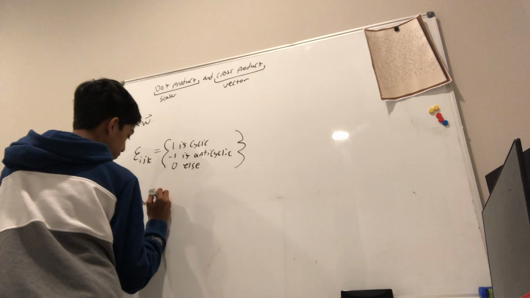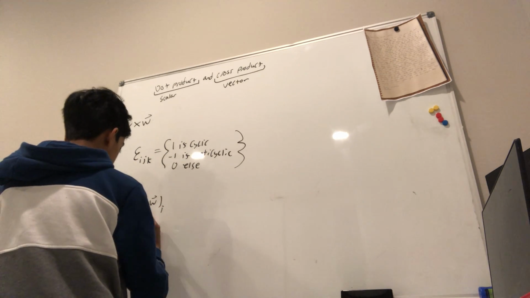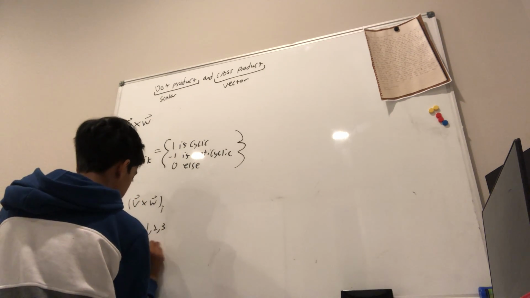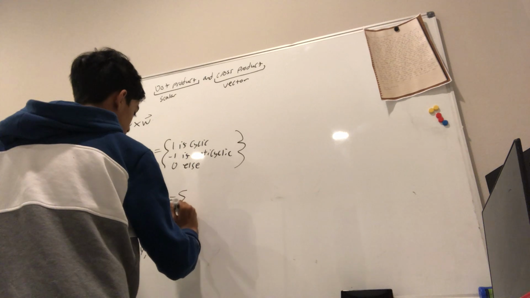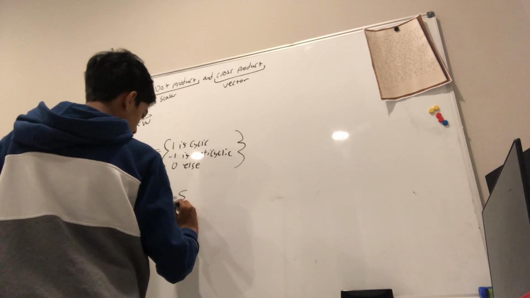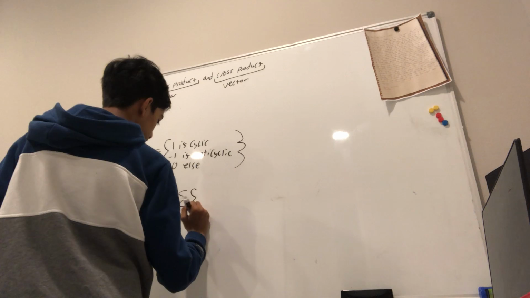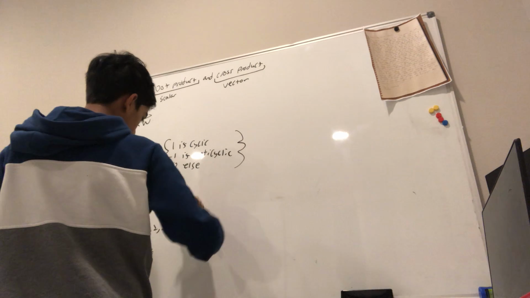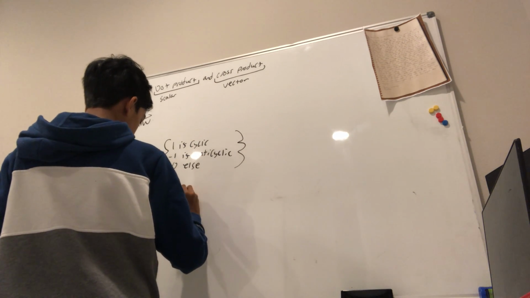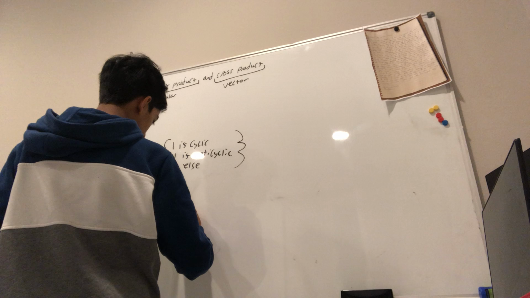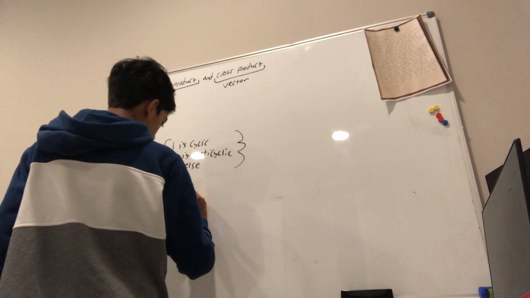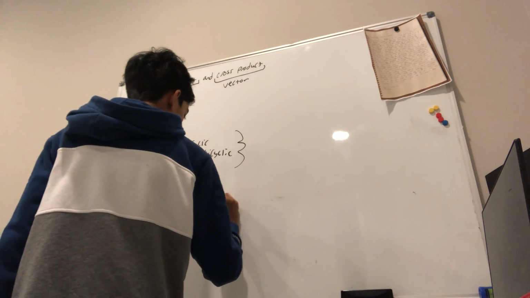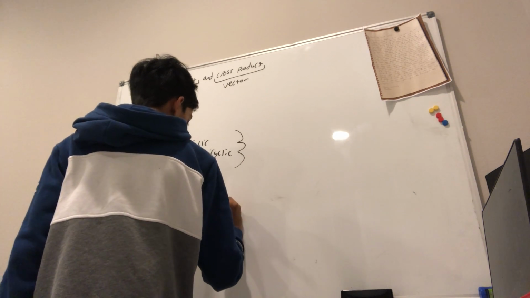So (V cross W) sub I, where I could be equal to 1, 2, or 3, or just X, Y, or Z, would be equal to the sum over J and K of V_J W_K epsilon_IJK.